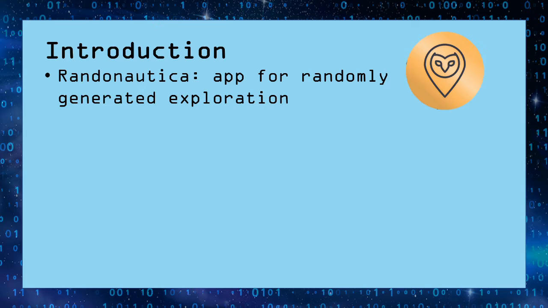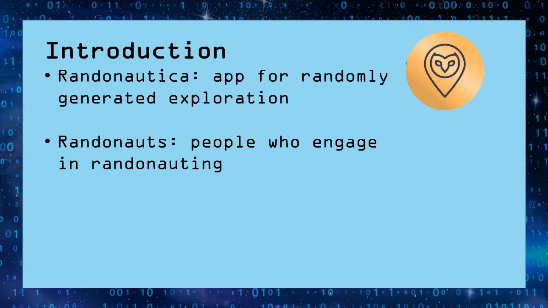It'll give random locations, and you can go exploring maybe parts of your town or city that you've never been to before, randomly. And so, randonauts are people who engage in randonauting. Just like astronauts go into outer space, randonauts go into, I guess, randomness.